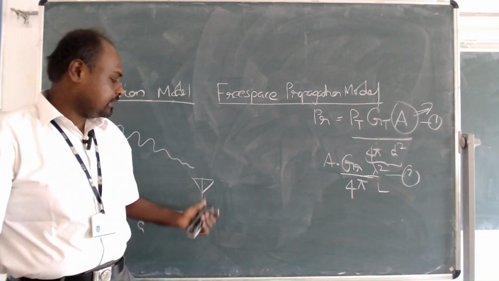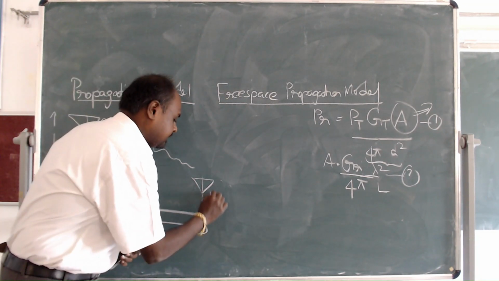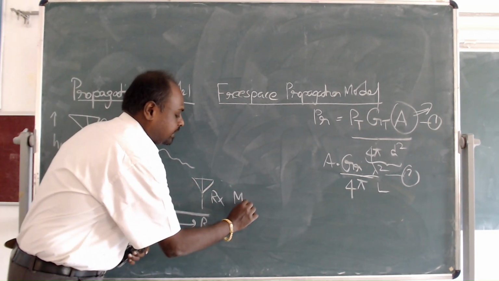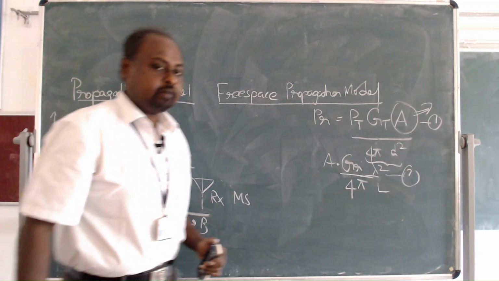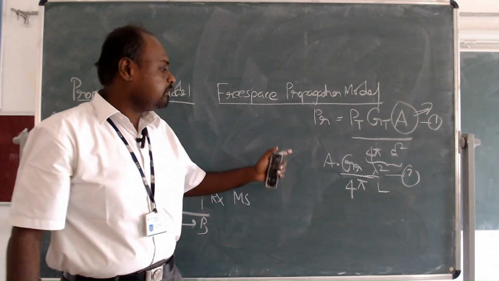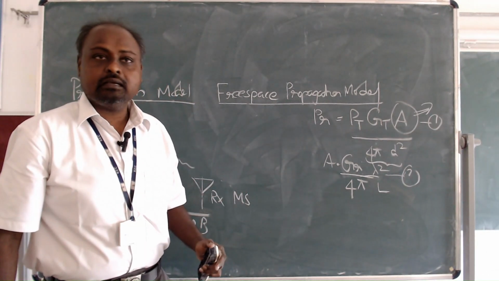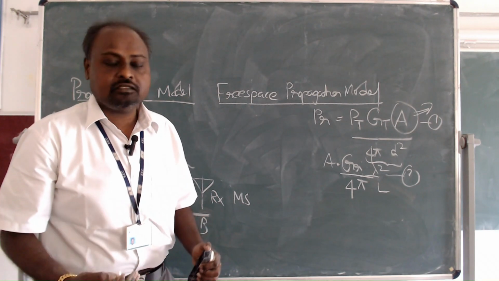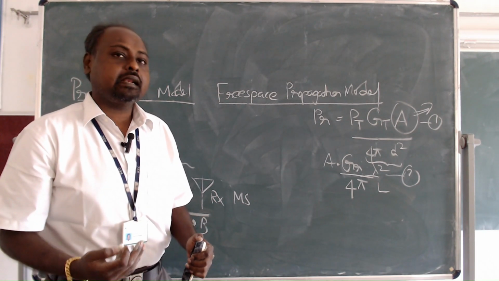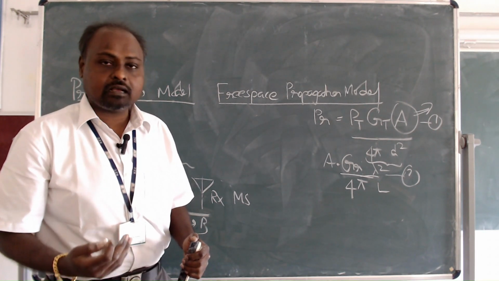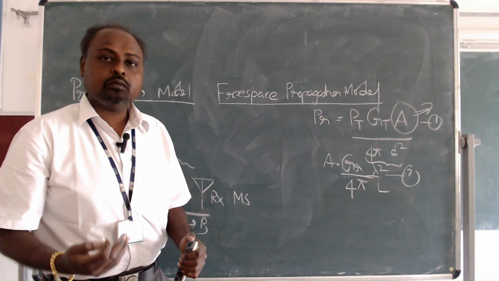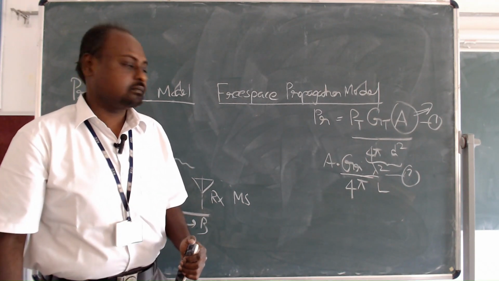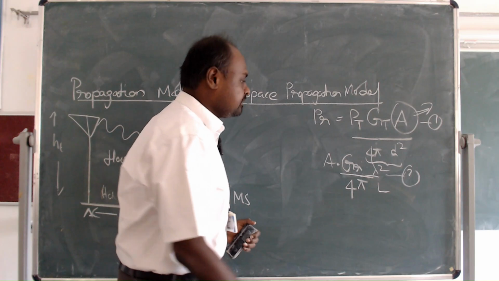System loss in the sense that, for example, your receiver is here. You assign the receiver as MS. MS means mobile station, your mobile phone. This mobile phone will lose signal because of some configuration issues, as well as some heat generated in the phone. The loss that occurs due to the devices is called system loss. Normally the value of L is always 1.